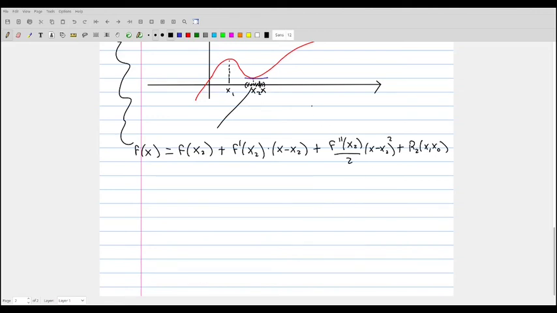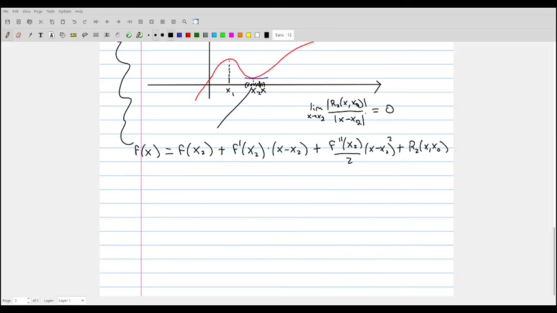The limit as x goes to x2 of this remainder term divided by the distance between x and x2, squared, is equal to 0.